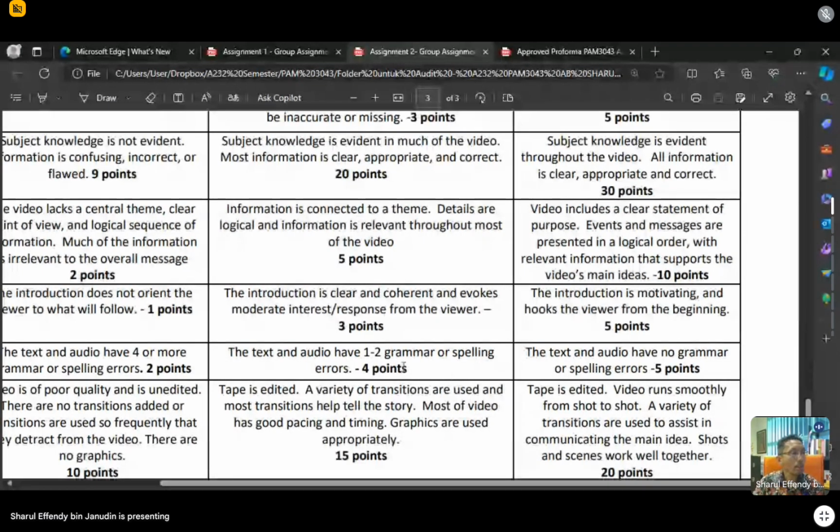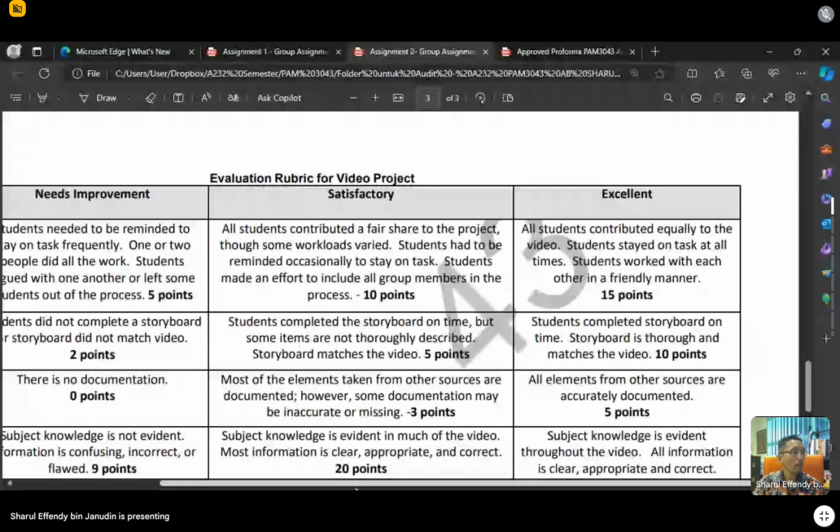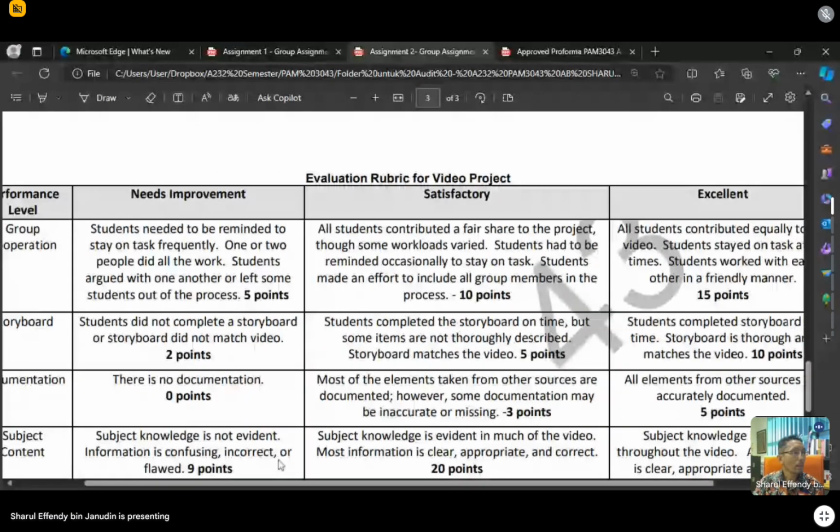If you look at this here, for example, for group cooperation, needs improvement is 5 points, satisfactory is 10 points, excellent is 15 points. It doesn't mean that if your mark is in the satisfactory column, your point is 10.